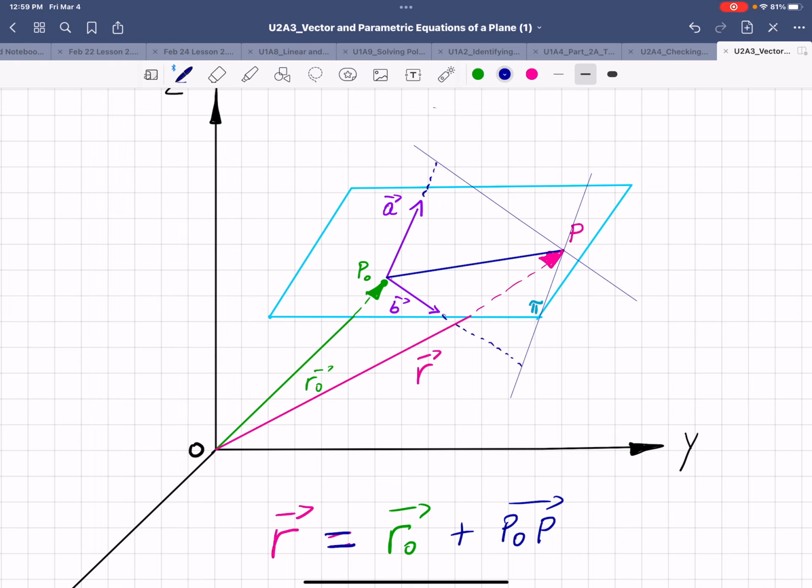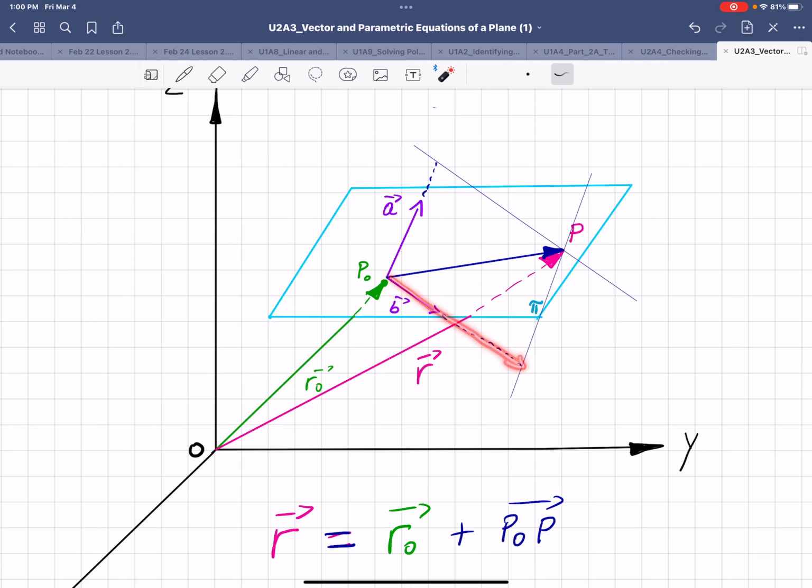And I hope that you can see based on this that vector P0P, which starts at P0, which is the head of vector R0, and ends at P, which can be any point on the plane, would be expressed as the sum of this and this vector here, based on the parallelogram rule. Now think of what this vector here equals.